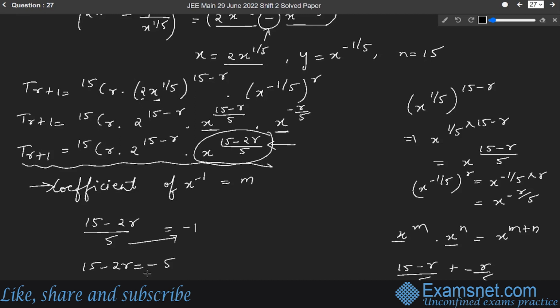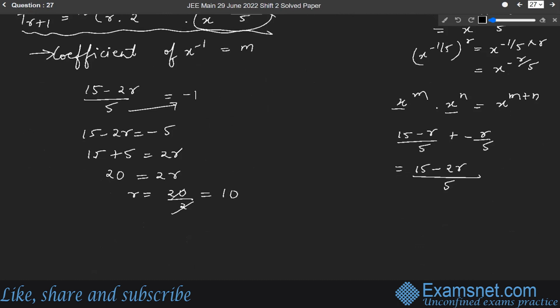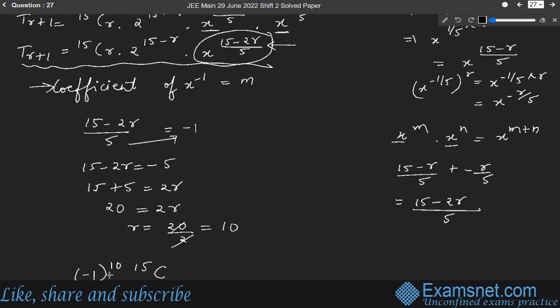So we will only take the term which is 15Cr multiplied by 2 power 15 minus r, right? So when we put r is equal to 10, then we have minus 1 power 10 into 15C10, multiplied by 2 power 15 minus r, which means 2 power 15 minus 10.